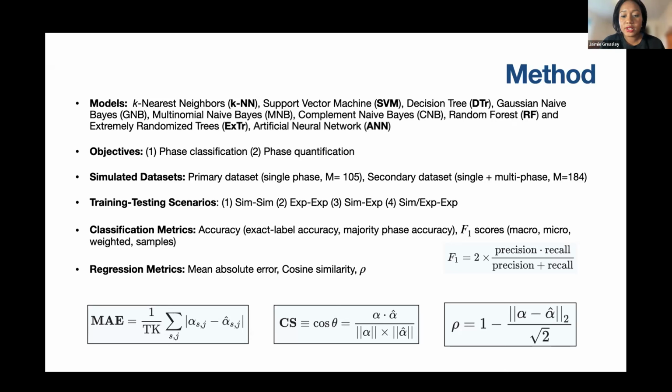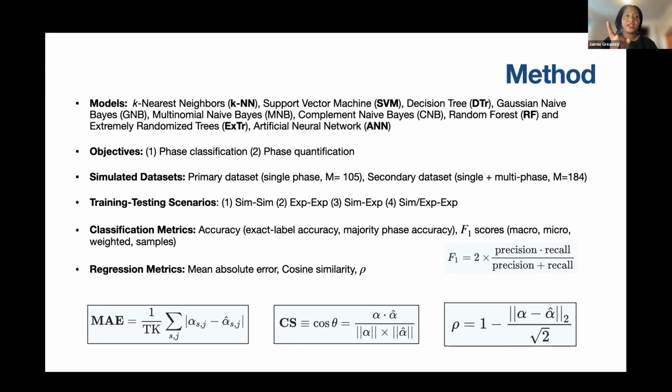For regression metrics, we define these three. The mean absolute error, so that's the predicted minus the expected for the phase fractions for each phase in each sample, and the cosine similarity, which mostly points to a relative scaling between the phases.